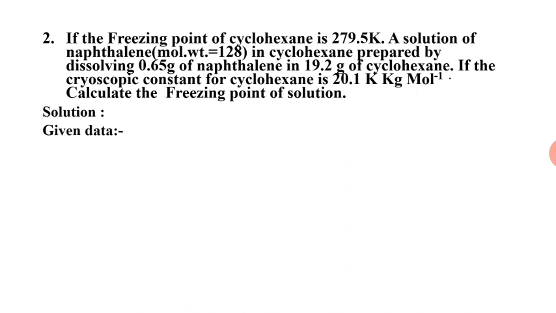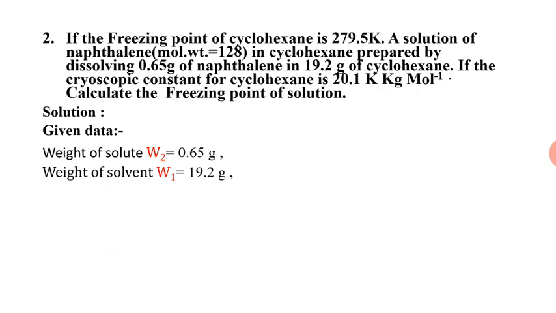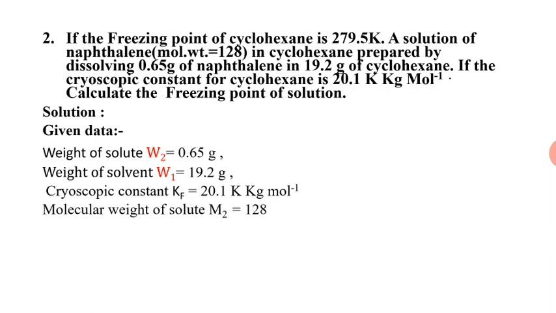So every time, student, first write down the given data. As per the given data, weight of solute is 0.65 gram. Again, weight of solvent is 19.2 gram. Now the cryoscopic constant is directly given, that is 20.1 K kg per mole. Again, the molecular weight of solute is 128.